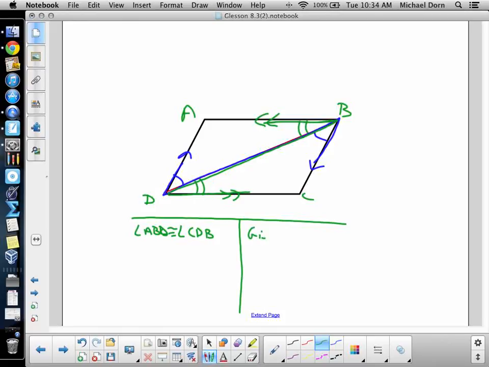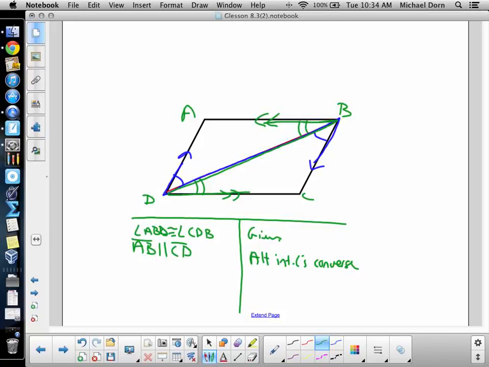That's given. So that means AB is parallel to CD by alternate interior angles. Technically converse, but this isn't a formal proof, so just saying alternate interior angles as the reason would be fine.